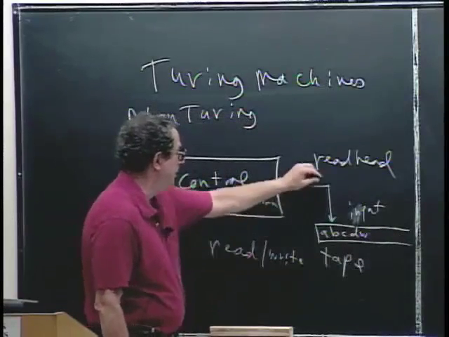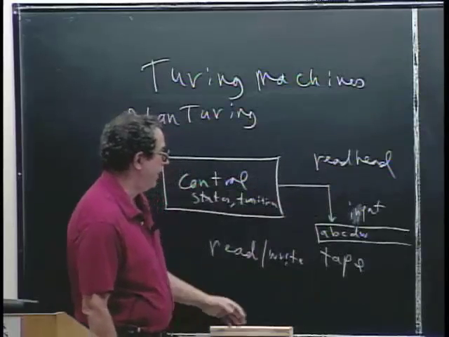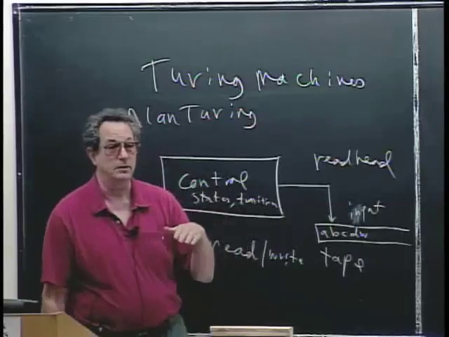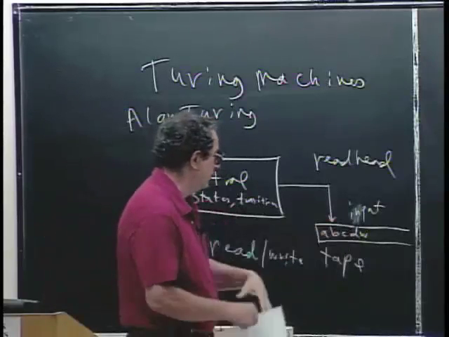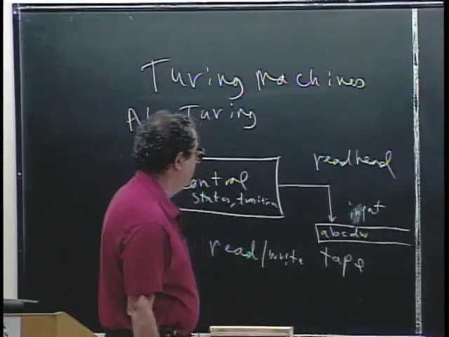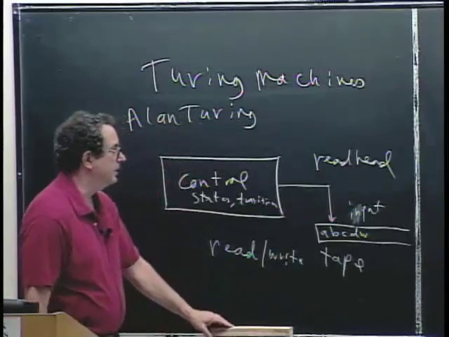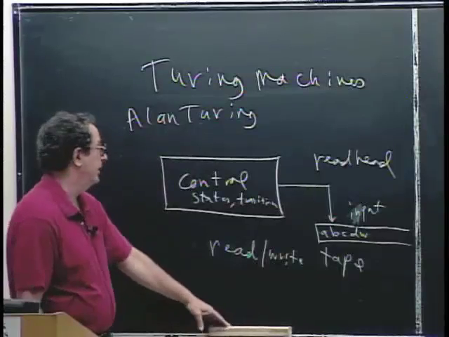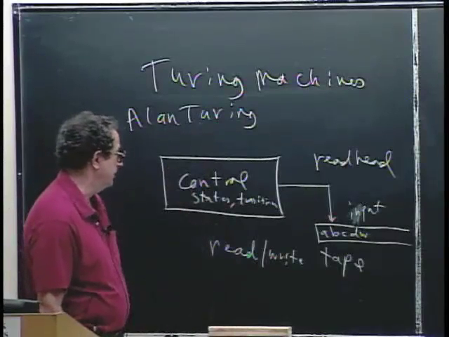And unlike a PDA, the writing is unrestricted. We don't have to just use a stack. So it's a lot more freedom, and we'll see that that freedom has a lot of consequence in terms of the kinds of languages that a Turing machine can recognize.